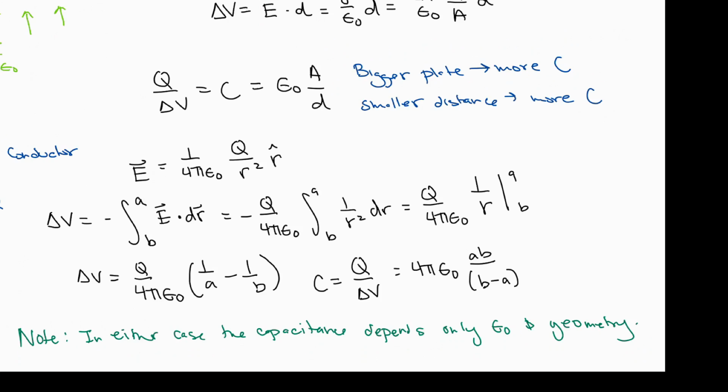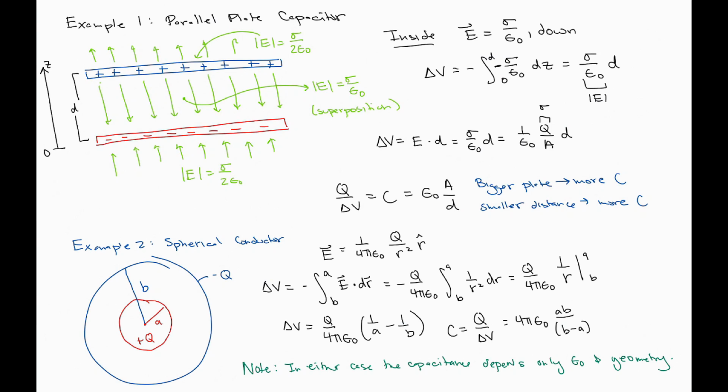This proportionality constant, C, tells us how the change in potential is related to the charge on the spheres, and what really determines it has to do with the geometry of the capacitor that we set up.